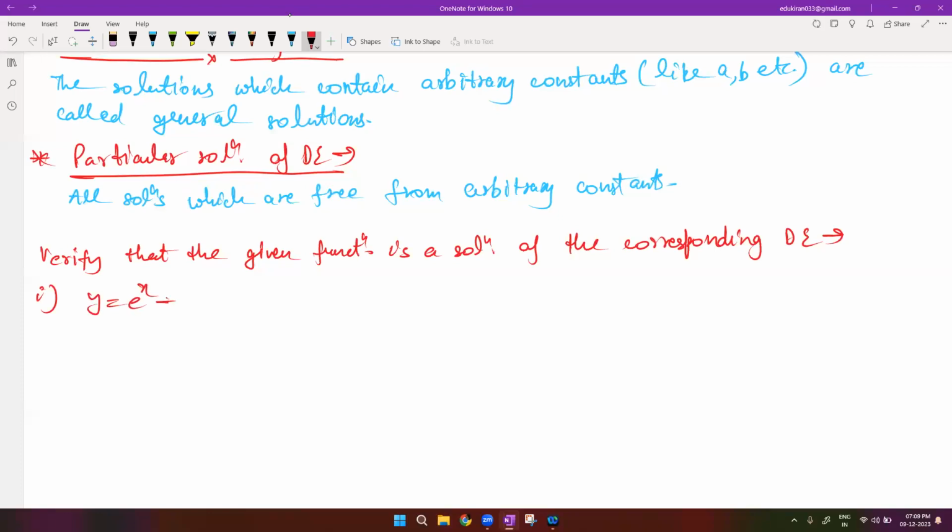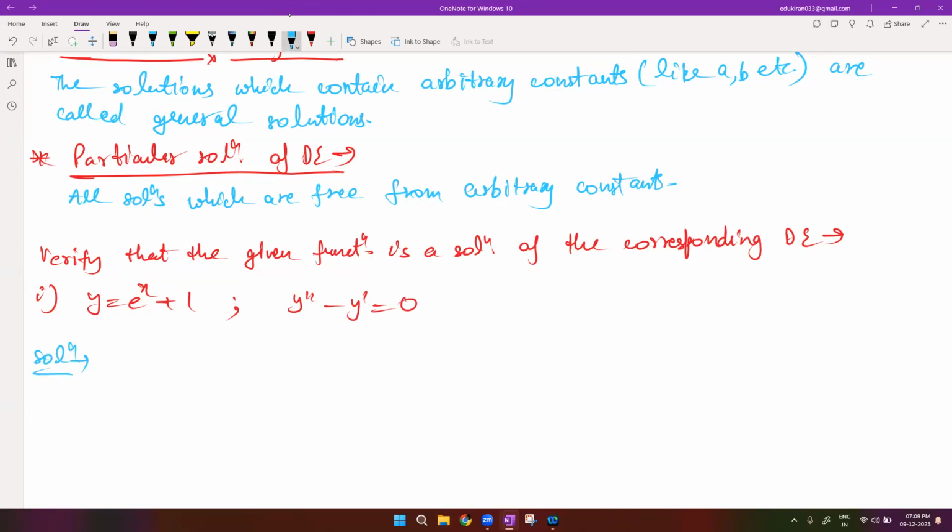There will be a function given to you, like in this case, y is equal to e to the power x plus 1 is a function. And y double dash minus y dash is equal to 0 is the differential equation given to you. You have to verify whether this function is a solution to this differential equation or not. In order to do that, you will have to perform these basic steps.